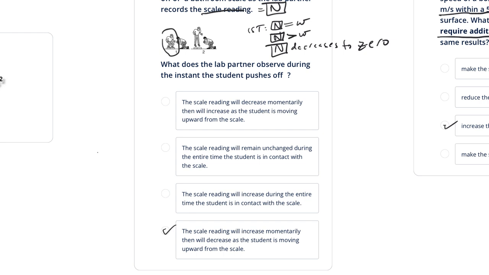Okay, number 8. What is the size of the net force on this system? They've drawn all the forces in the picture except the tension in the rope, the tow chain.